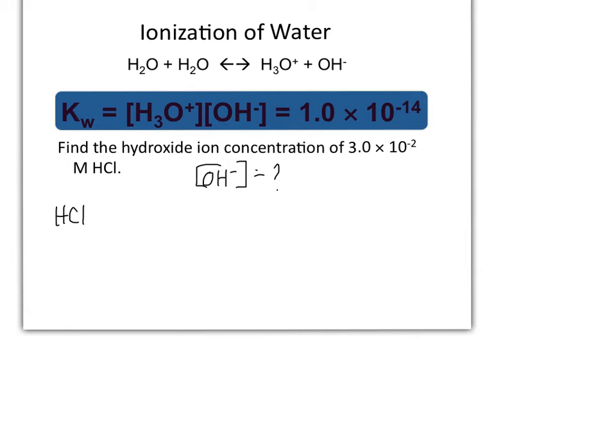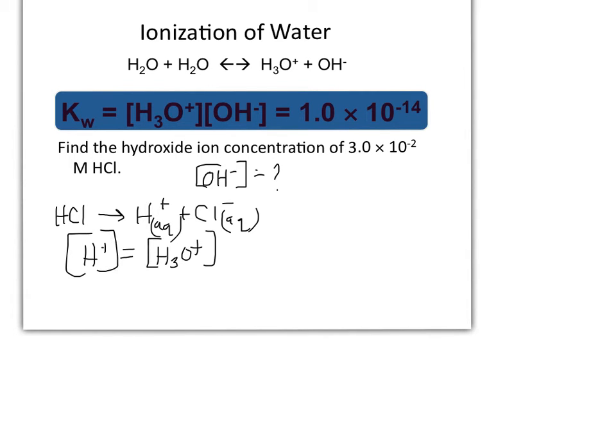We know that HCl, because it's a strong acid, will dissociate into H plus and Cl minus. Recall that H plus is basically the same thing as H3O plus. So I know the concentration of HCl, and since HCl is a strong acid, it completely ionizes.